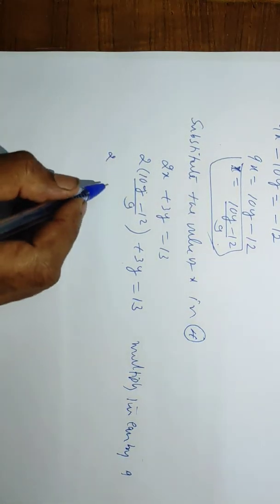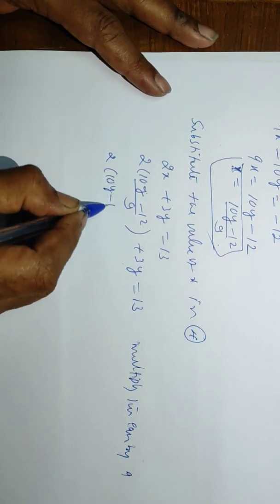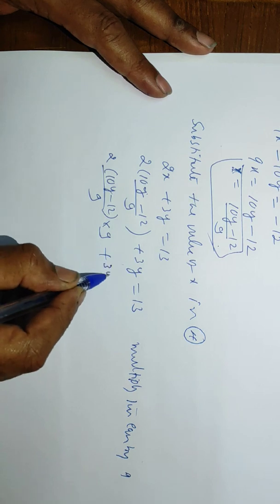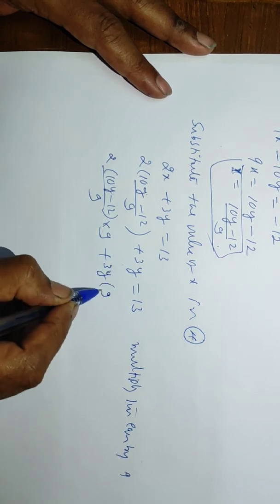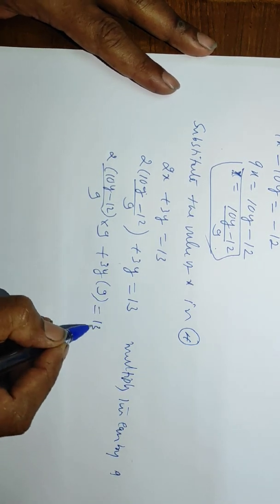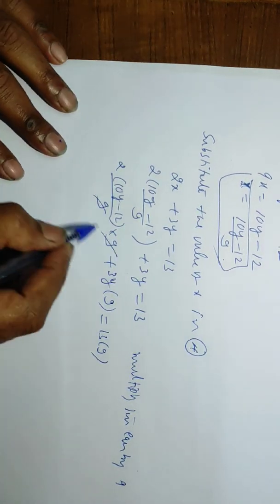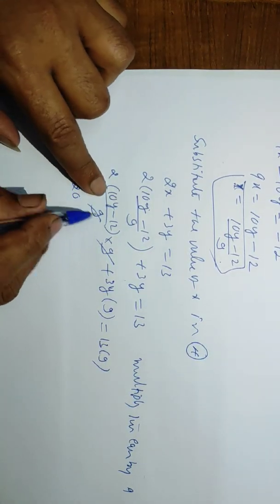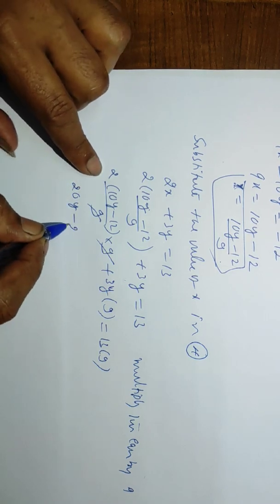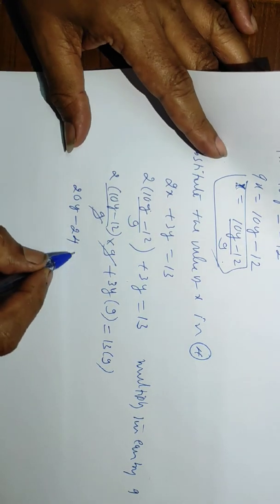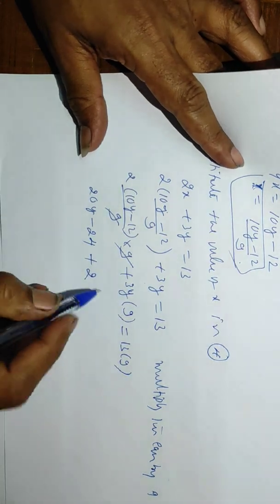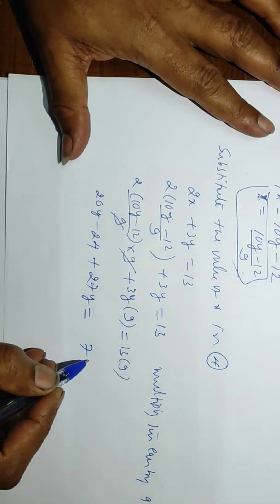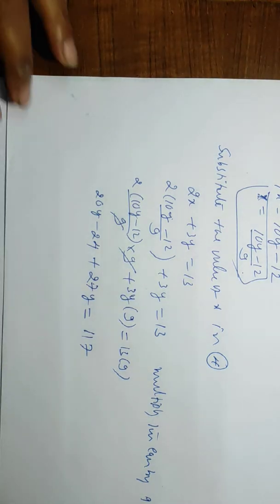So 2 into 10y minus 12 by 9 into 9 plus 3y into 9 is equal to 13 into 9. Here the 9 gets cancelled. Monomial into binomial, 20y minus 24 plus 3 9s are 27y is equal to 117.